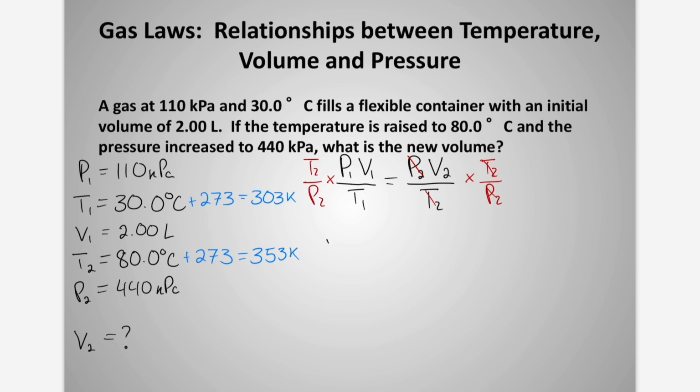So I get from my equation, the second volume is equal to pressure 1 times volume 1 times temperature 2 divided by pressure 2 times temperature 1. Now that I've got that all arranged, I can just substitute and solve.